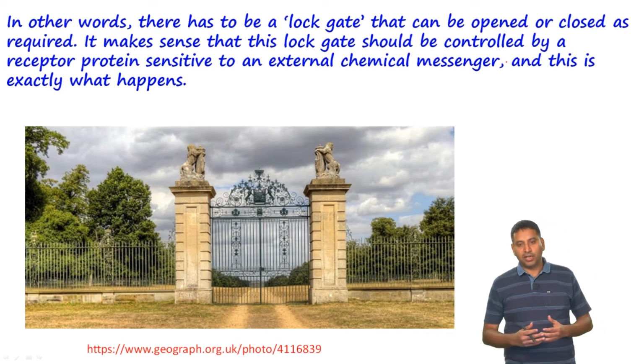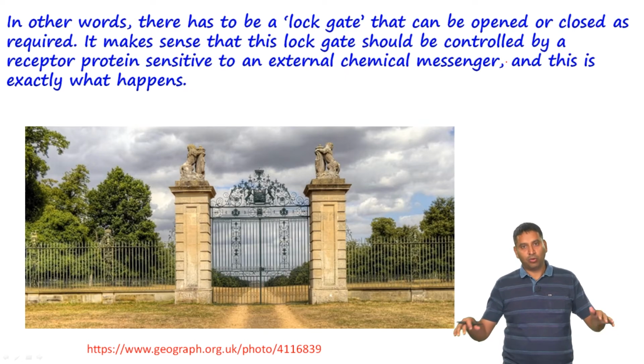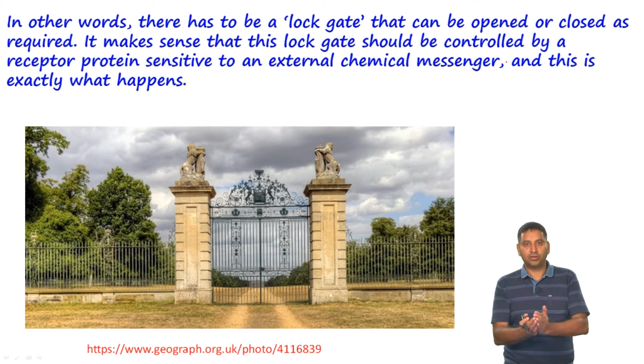The analogy that we can look at is our gates. When a building or a campus needs to be secure, we surround it by a wall. But now, we cannot pass through this wall, and therefore, gates are installed.